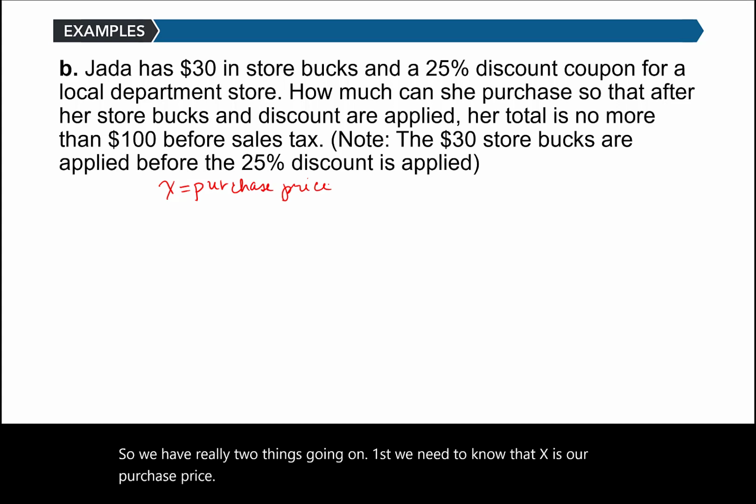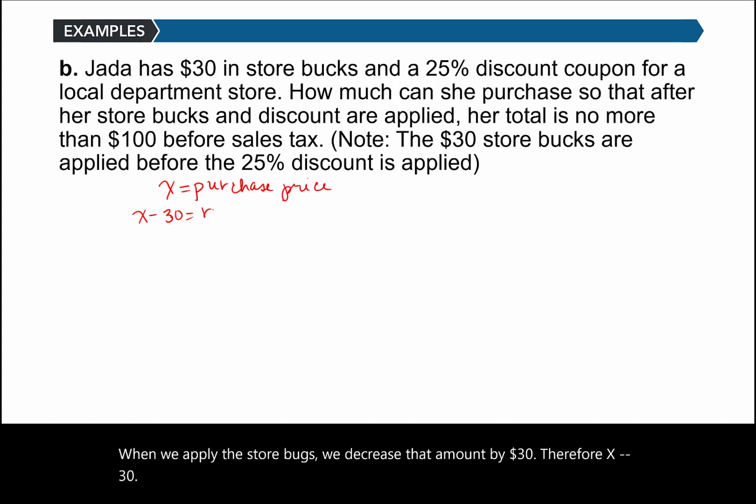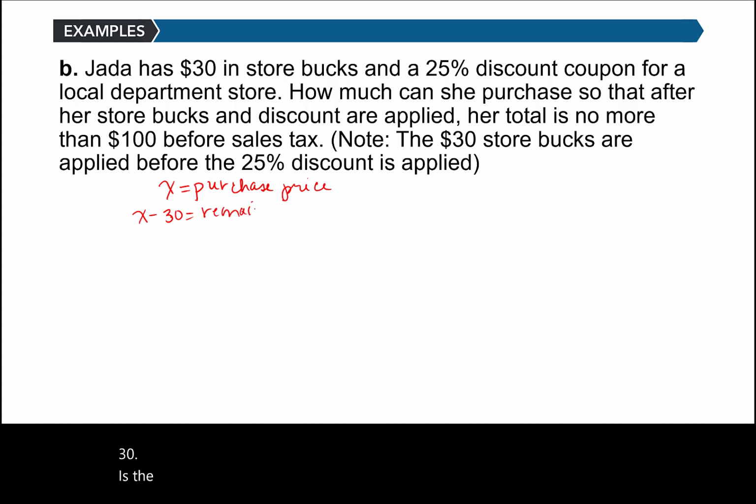When we apply the store bucks, we decrease that amount by $30. Therefore, x - 30 is the remaining price after the store bucks.